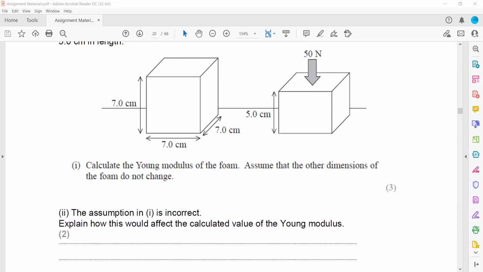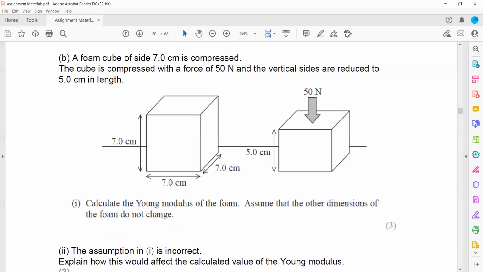If we are applying a constant force, stress is force divided by area, and the area is continuously changing here.